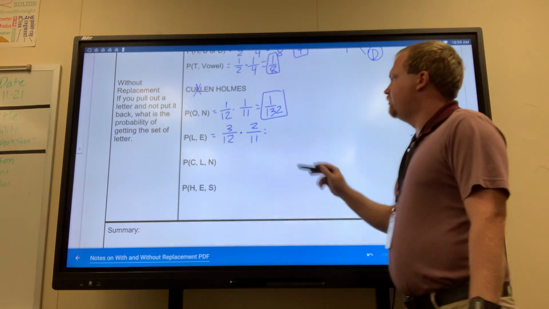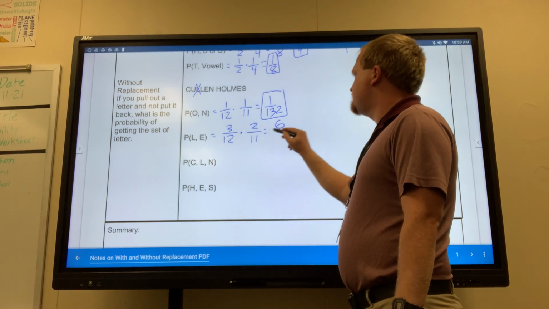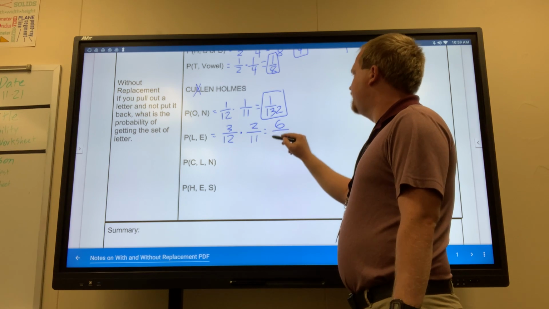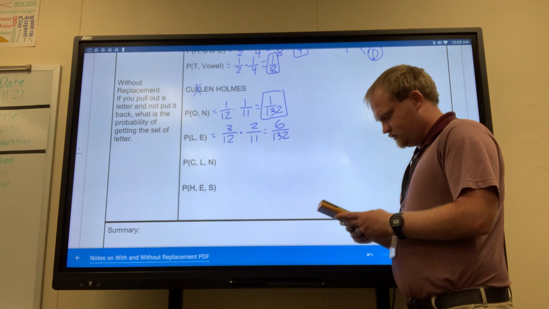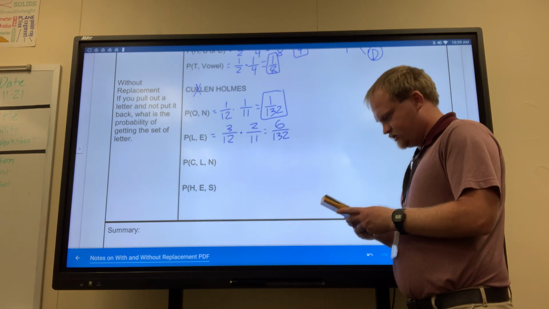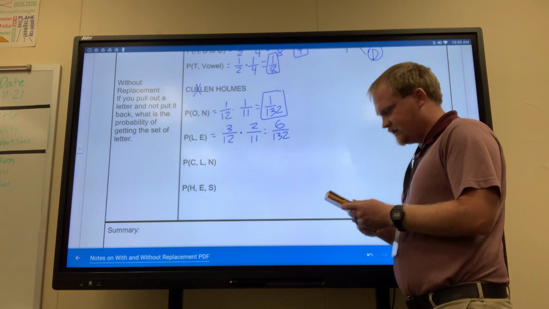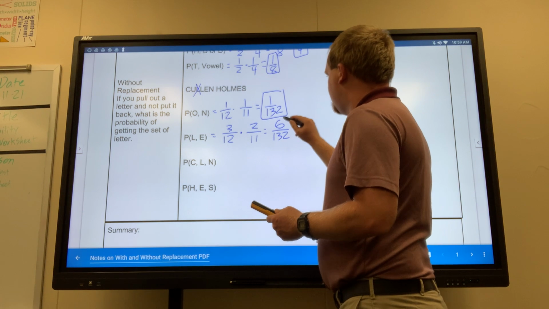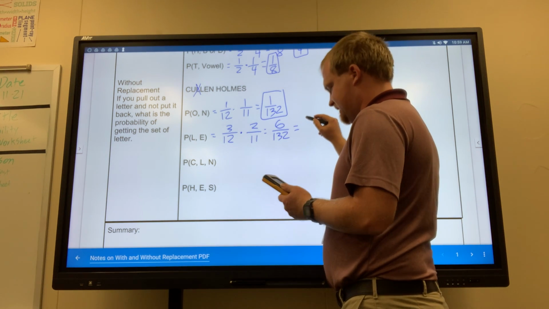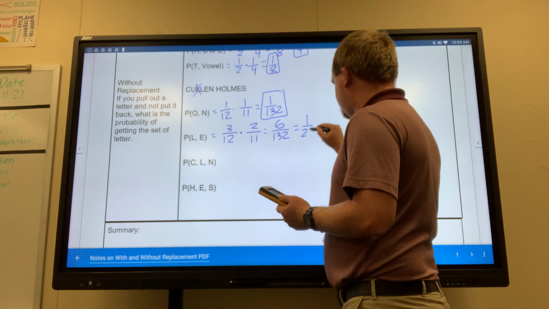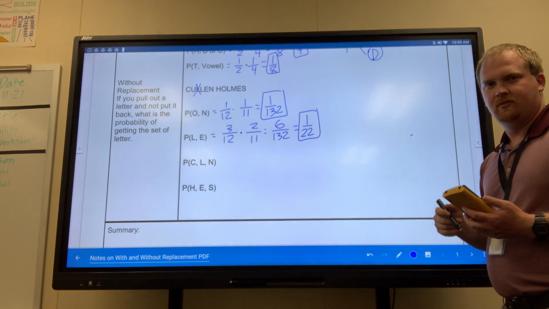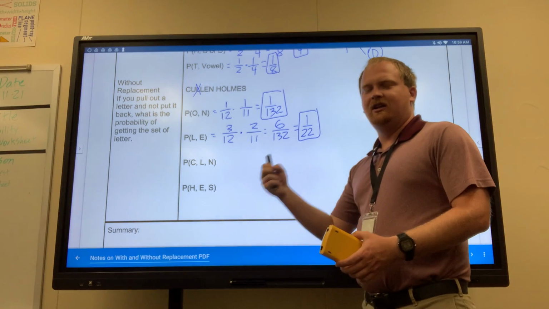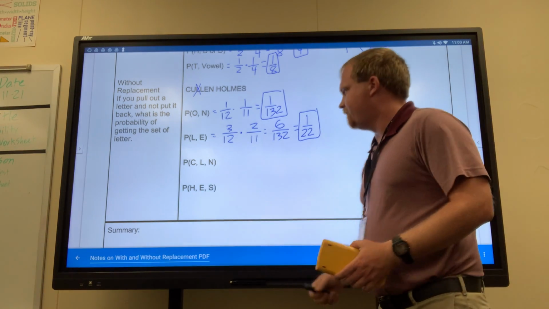So then I want to do 3 times 2, which is 6. 12 times 11 is 132. Which 132 simplified, I can divide both numbers by 6 to get 1 over 22. Okay. So again, I'm just taking a letter out and I'm not putting it back in.